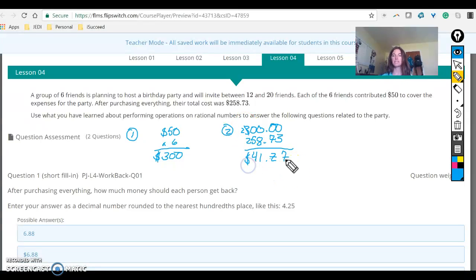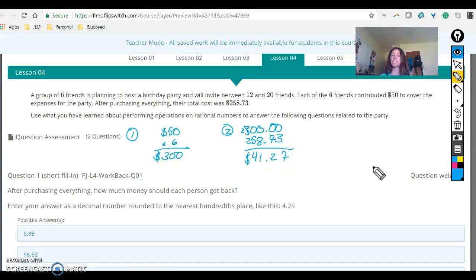So I can see that I have $41, and this was actually a 2, not a Z. I'm not sure why I wrote that. So $41.27. So that is the amount of money that they had left over.